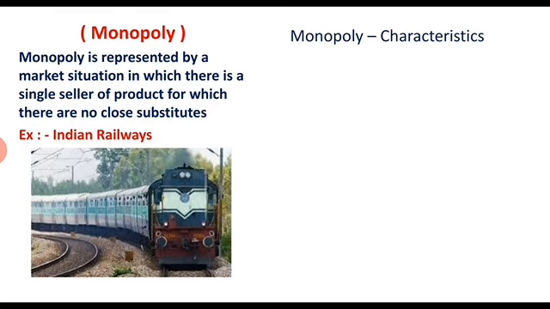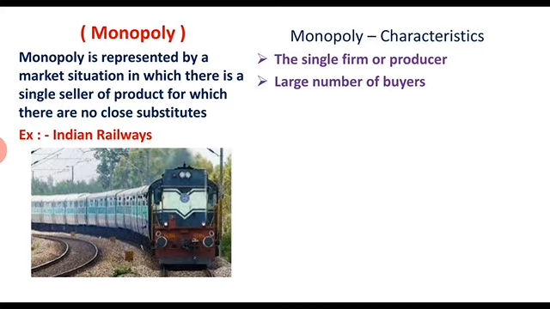Characteristics or conditions of the monopoly market: a single firm or single producer in the market, but a large number of buyers or consumers in the market for the commodity or good.